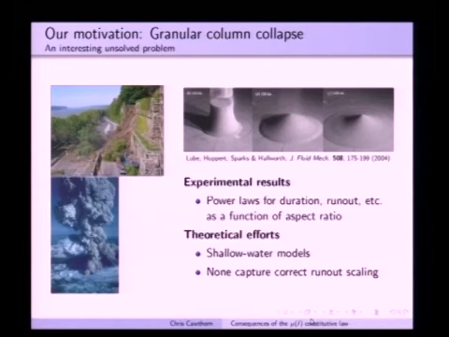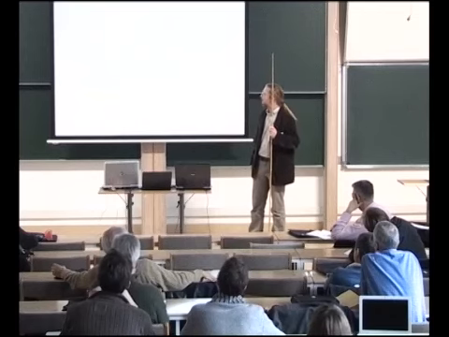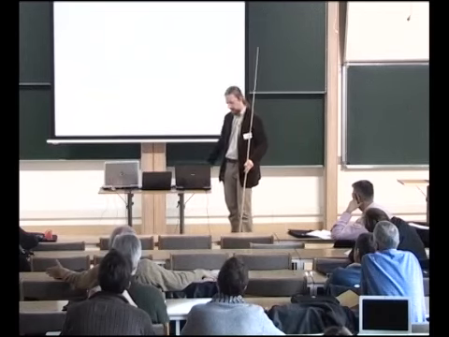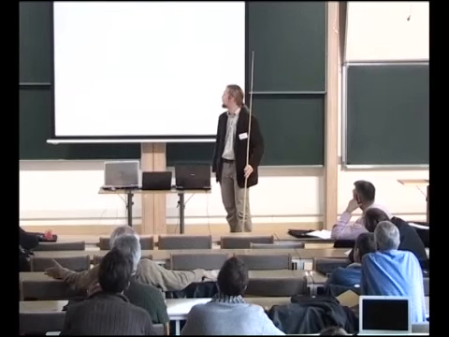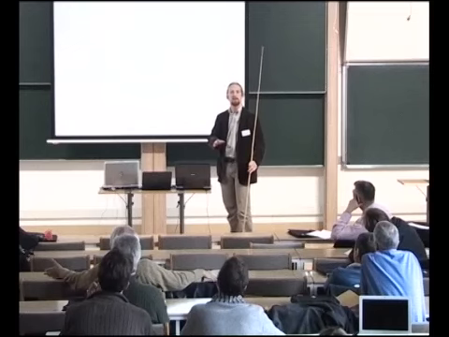From that you can get power laws for the duration of the event and the total run-out distance, how far this thing spreads. You'd think, given such a simple relationship, that some theory would be able to get a long way with that. Sadly, so far, nobody's really nailed it.